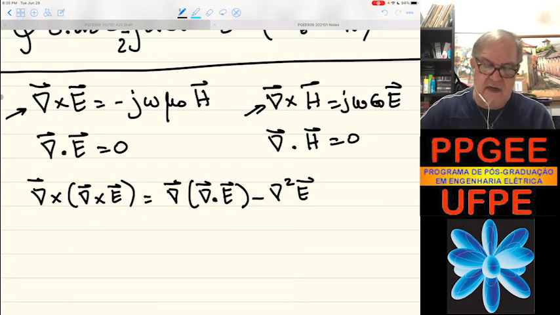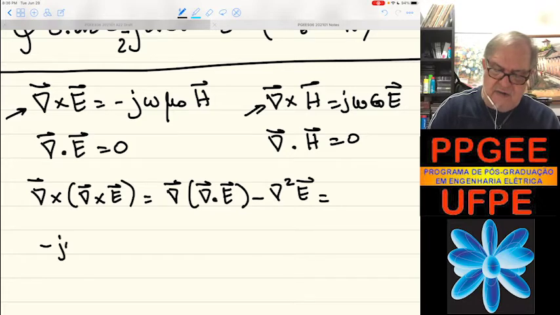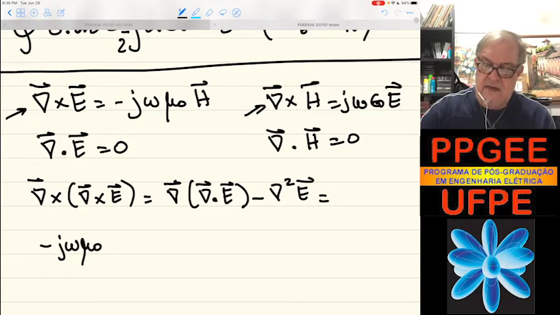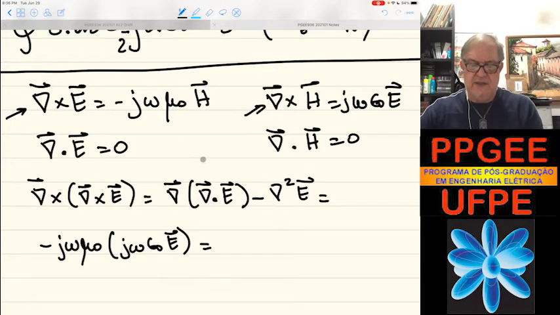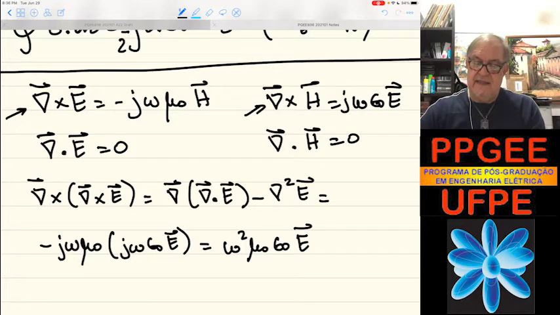So when I have the curl of the curl, it's going to be the curl of H, which is right there. So this is going to be minus j omega mu 0 curl of H, which is j omega epsilon 0 E, which equals, j squared is minus 1, times minus this, plus omega squared mu 0 epsilon 0 E. Divergence of E, on the other hand, is 0, right?